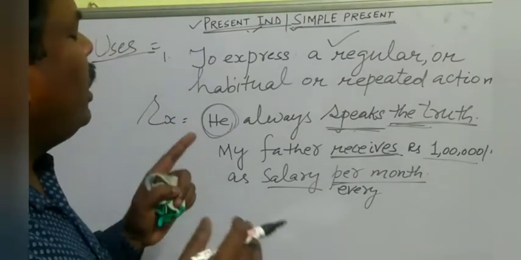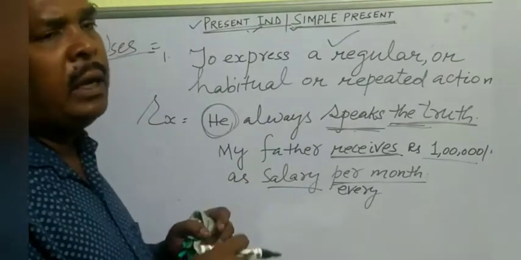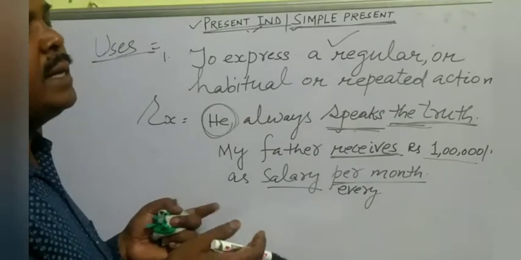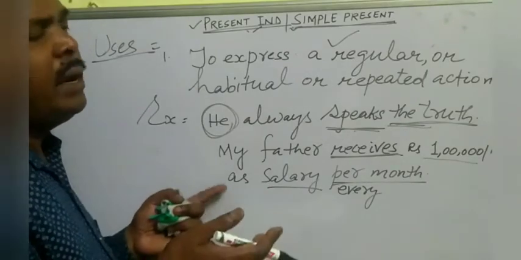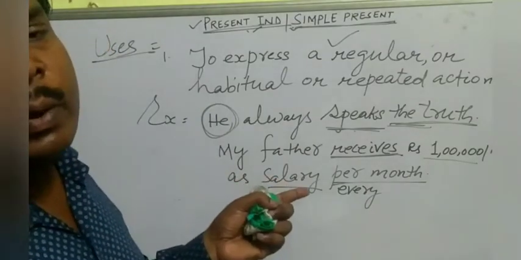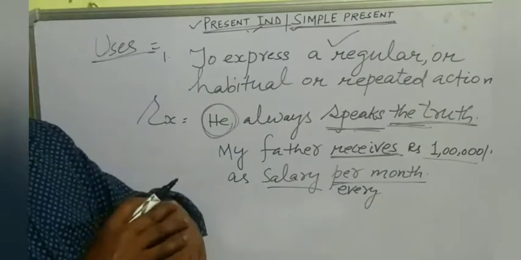So we wrote this sentence in present indefinite. Whenever we want to speak such sentences, we shall use the first form of verb or first form of verb plus s or es or ies. Is it clear?